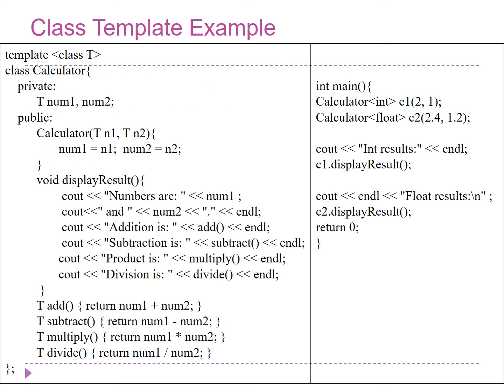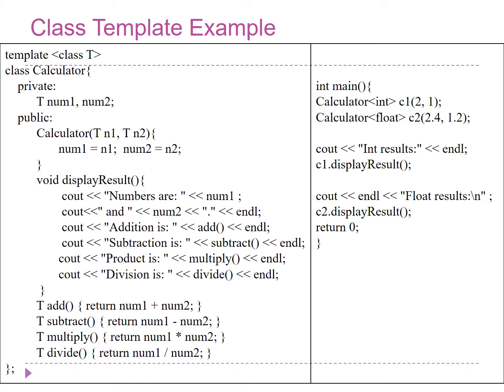Class template example. The C++ class calculator is an example of class template in which its member variables num1 and num2 are defined with the user-defined data type T. It has member functions add, subtract, multiply and divide, which do the respective operations for these member variables num1 and num2.